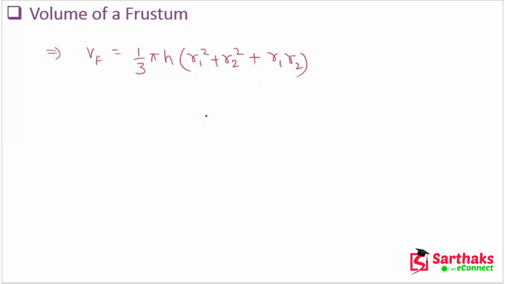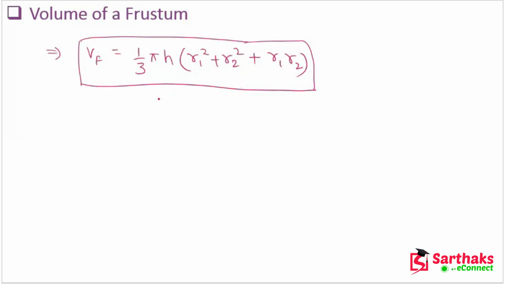I hope you get this point. This is the formula of the frustum of a cone. You have to learn and remember these formulas so that we can solve the problems easily.